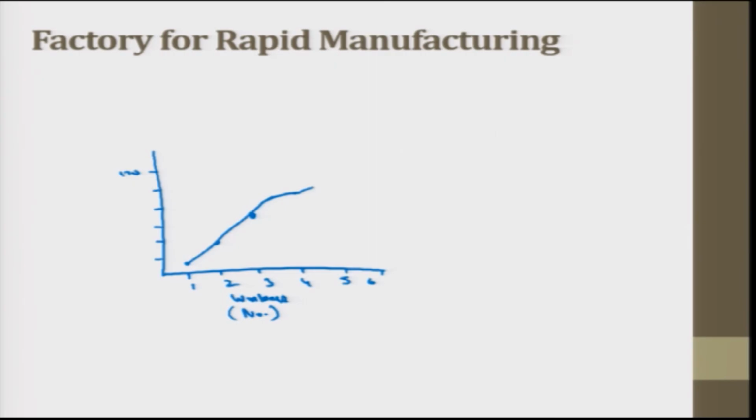From 4 to 5, the throughput was like this, and from 5 to 6, it was exactly the same. So selecting 5 workers was the first option, but there was only this little variation, this small improvement in the number of units that are produced.